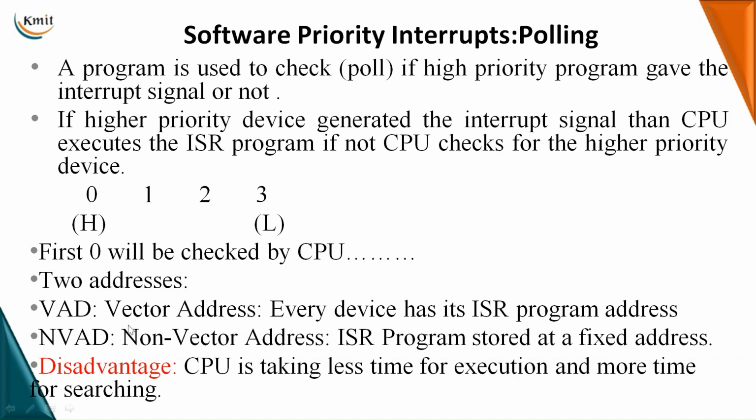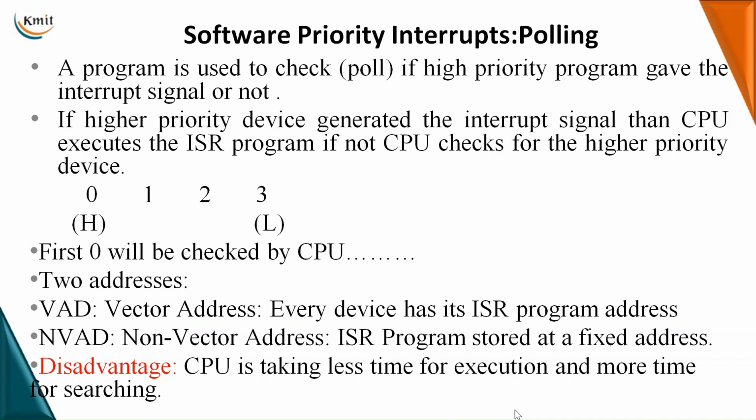So the CPU is going to access the vector address of the particular device which has sent an interrupt signal to it in order to execute that device's interrupt service routine. Coming to the disadvantage of this polling mechanism, the amount of time the CPU takes to find out which device has generated the interrupt is more than the amount of time the CPU takes to execute its interrupt service routine program.